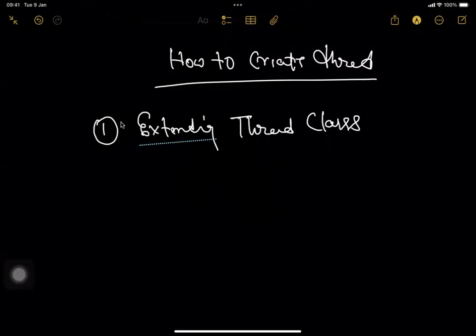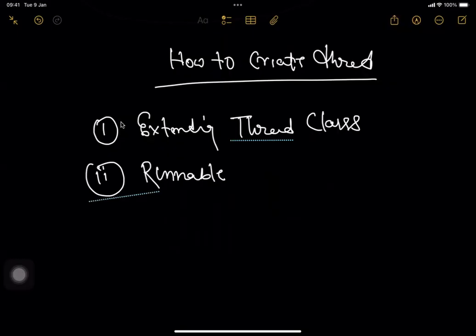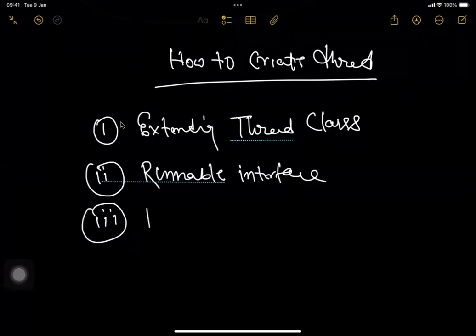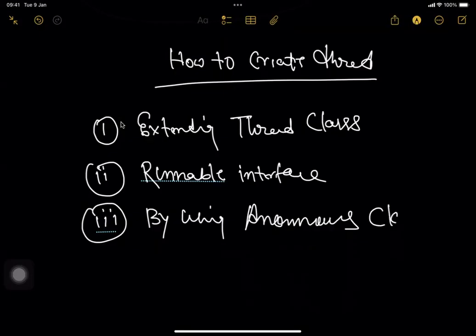The second way is the Runnable interface. You remember the Runnable interface from when we were learning about the Object class and all. So by implementing the Runnable interface. Third is by using an anonymous class.